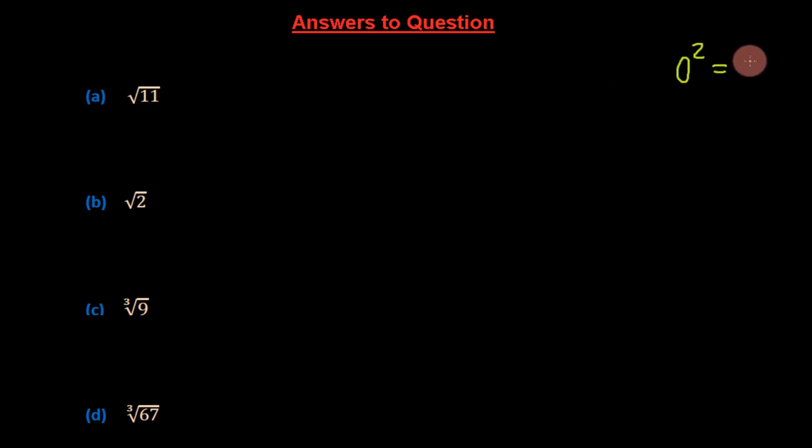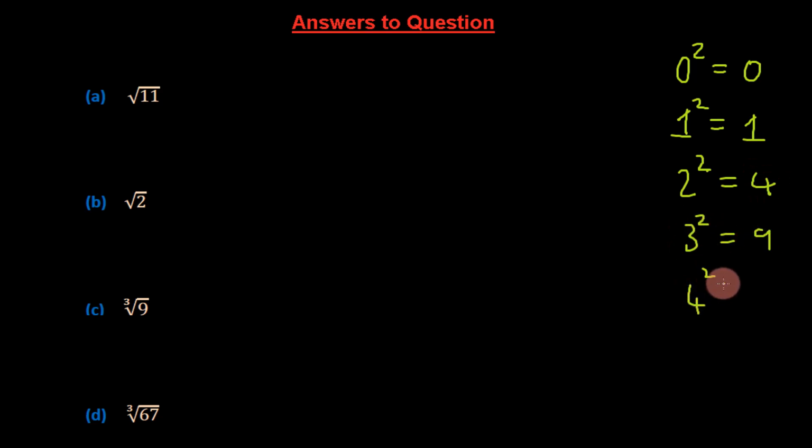So 0 squared is 0, 1 squared is 1, 2 squared is 4, 3 squared is 9, 4 squared is 16, 5 squared is 25, and so forth. So the first few perfect squares will be 0, 1, 4, 9, 16, 25, and so forth.